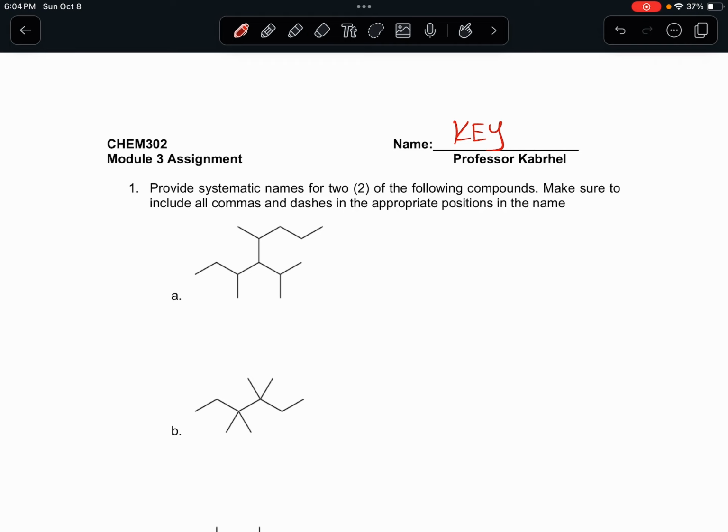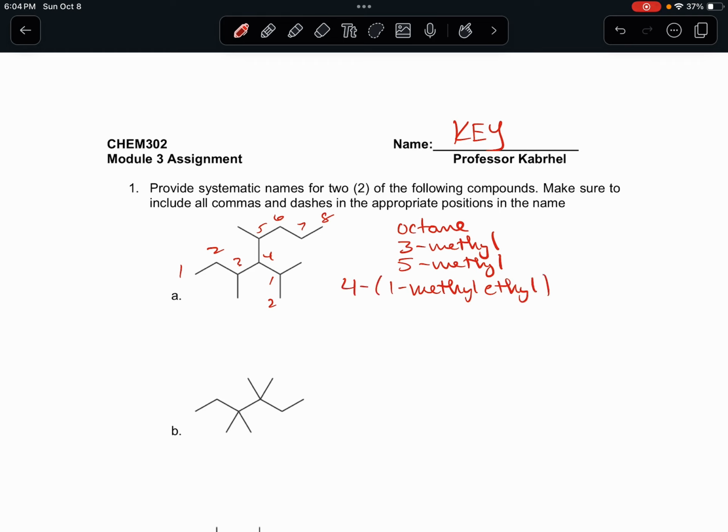So we'll start with naming. And remember that you're always going to try to be finding the longest name. So this is 8, this is octane. We have a 3-methyl. We have a 5-methyl. And then at carbon 4, we have a 1,2 branch with a methyl at carbon 1, so that would be 1-methyl ethyl at 4.